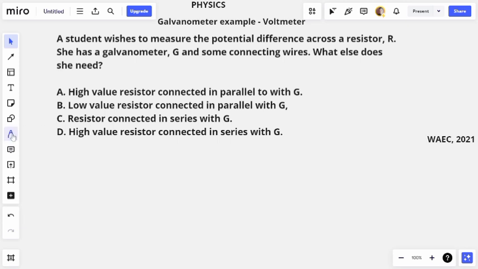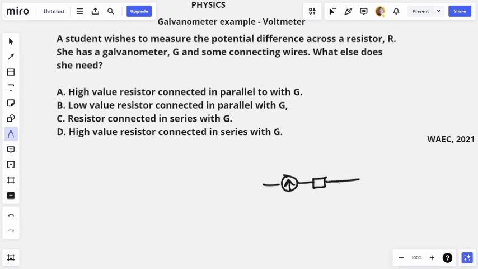Now, you recall in my previous videos, when I talked about conversion of a galvanometer to a voltmeter, that to convert a galvanometer to a voltmeter you have to connect a multiplier to it.